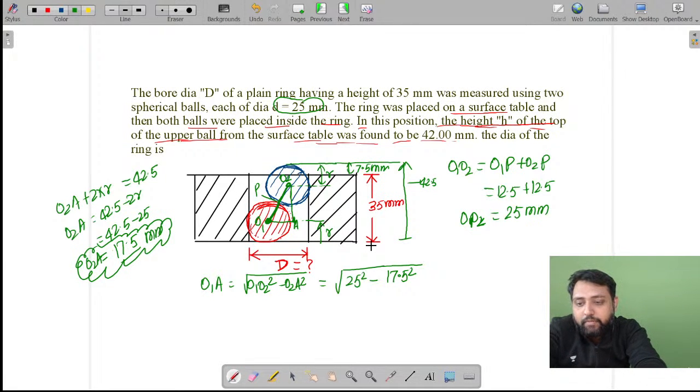If you calculate this value, 17.5 square, just a minute, 17.5 square, and this is 25 square, right? Minus 625, it is equal to the square root of 318.75.